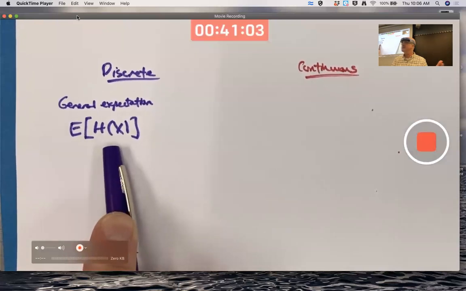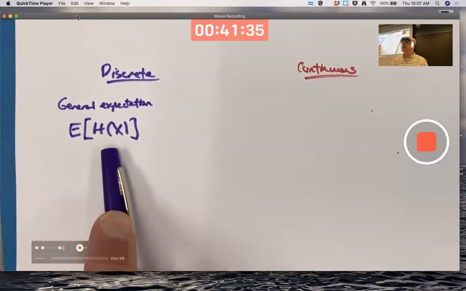E of x squared is called the second moment, which is not the same as the variance, but is related to the variance. You could do a third moment, a fourth moment. Those are related to skewness and kurtosis, and a fifth and sixth moment, and those are related to something, I don't even know what the names are. You could also do h of x equals x minus the mean, quantity squared, and that would be the definition of the variance.